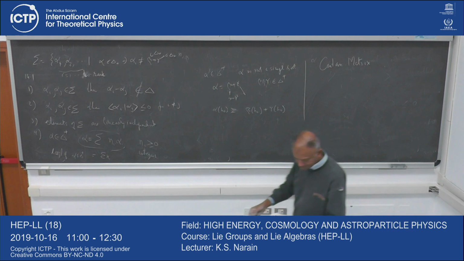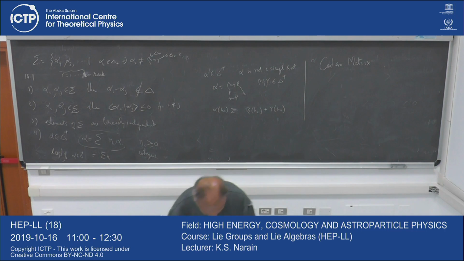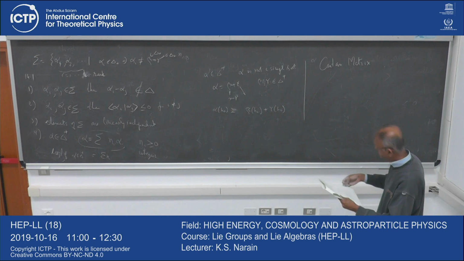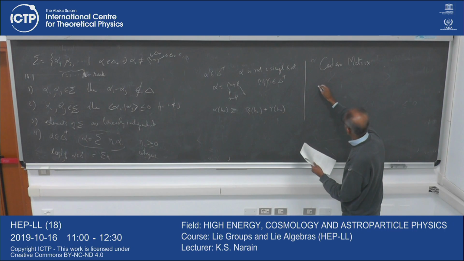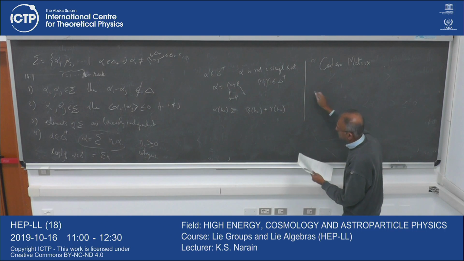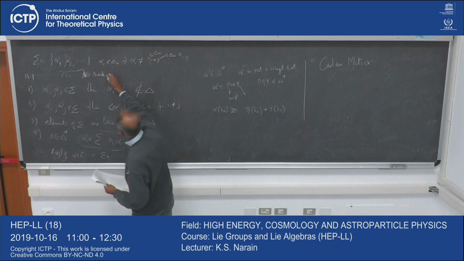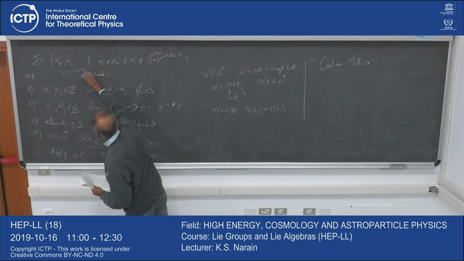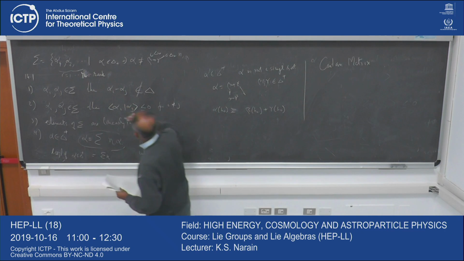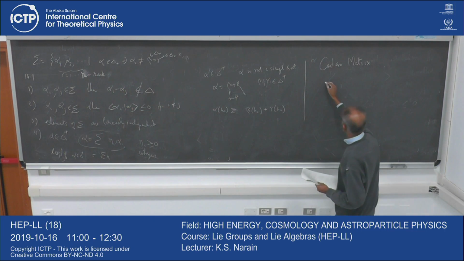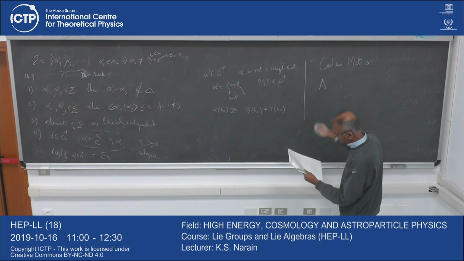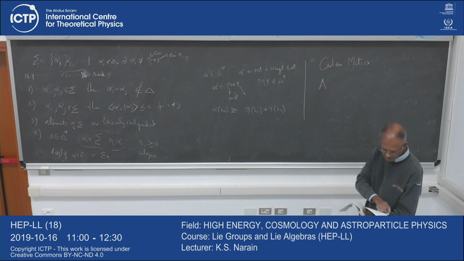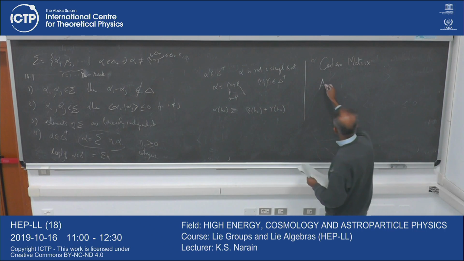And this is given by the following. We define a matrix, an R by R matrix, where R is the rank. This Cartan matrix is denoted by A. I don't know if it's a universal notation, but we use this in the notes.